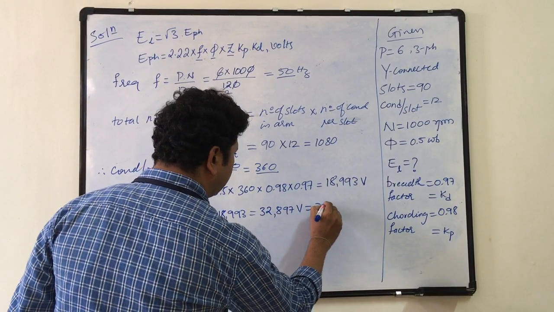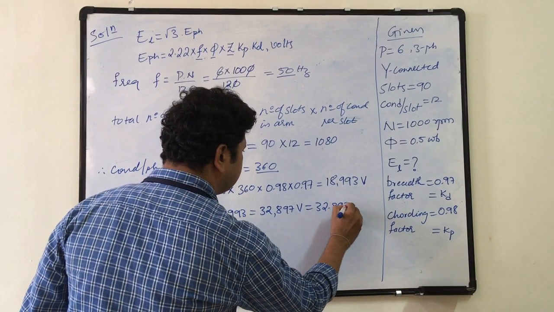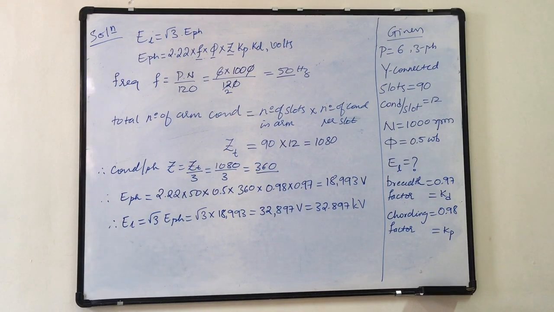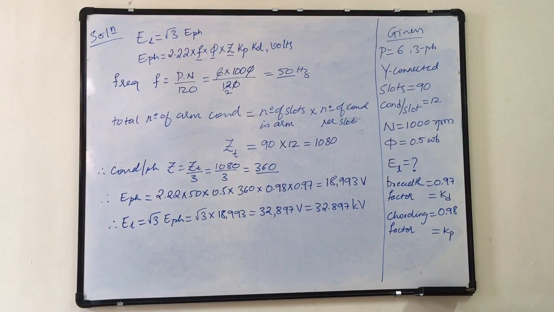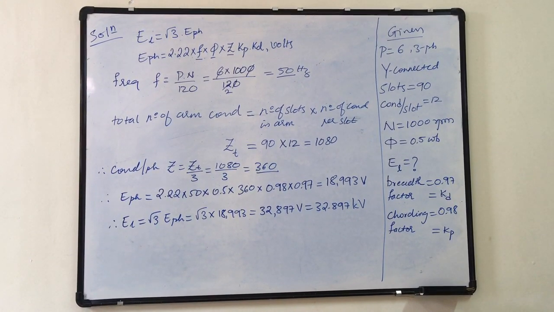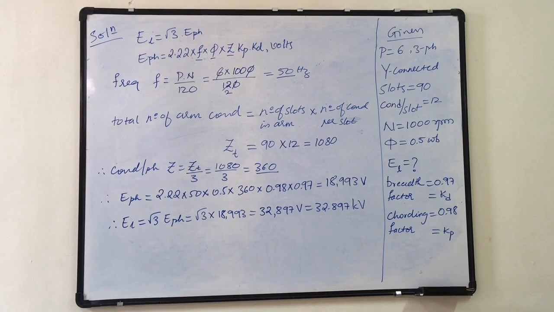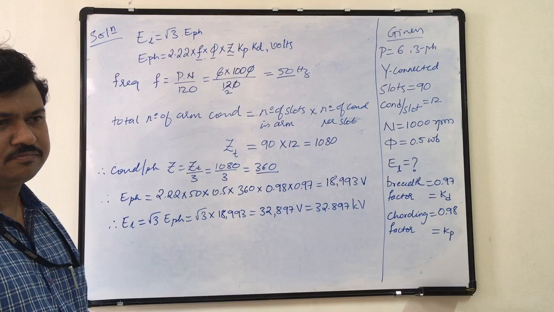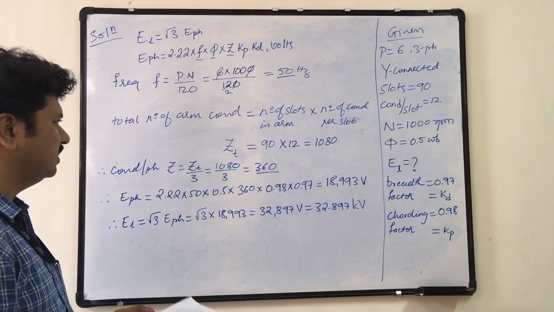Or I can write 32.897 kilovolts. Okay. If the voltage value is very large, keep it in kilovolts, no harm. So this is how I calculate the generated EMF. Once I know all the RHS terms of EMF equation, we will move to second example.